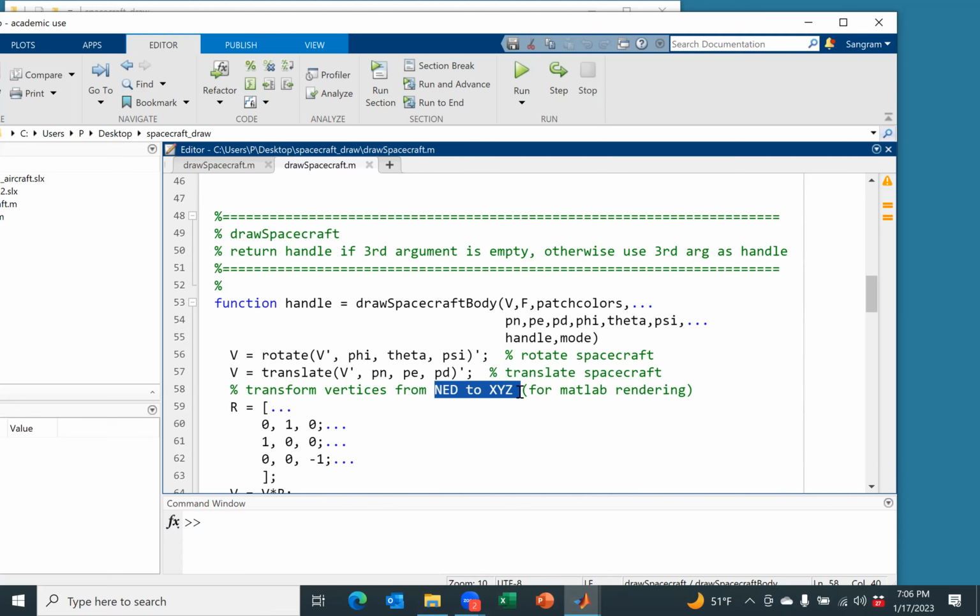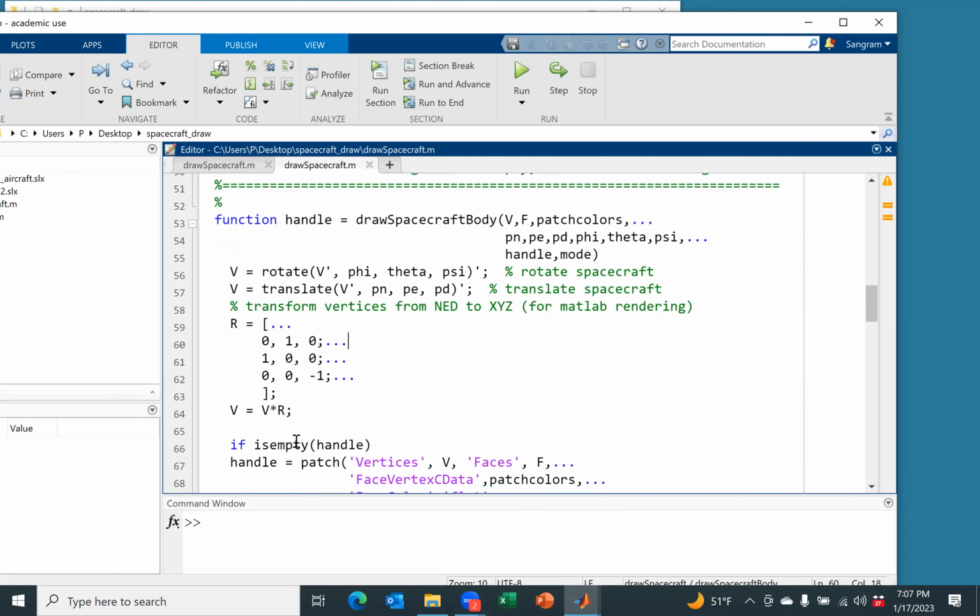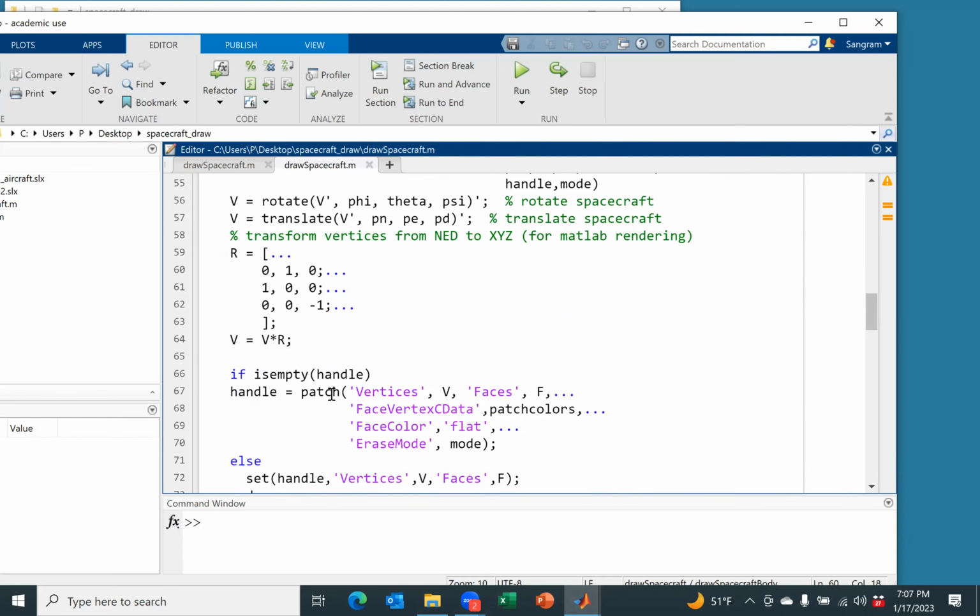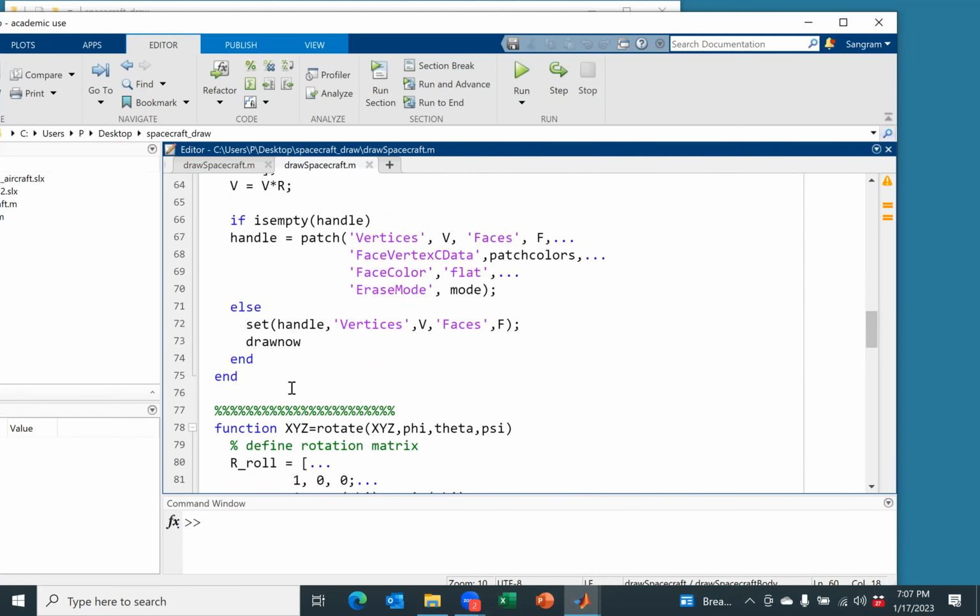If you think about the robotics one, this is nothing but the projection matrix, which is transforming two fixed frames that have different orientation. And then actually I do a handle, then I use the command patch, and then actually I just do the draw.